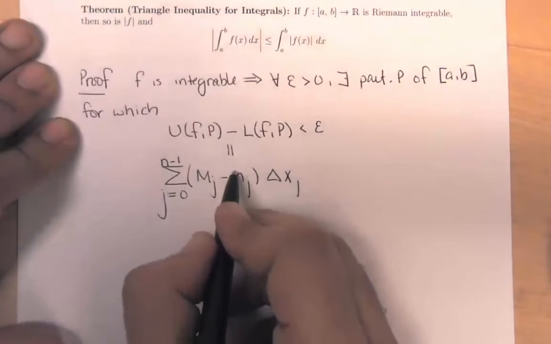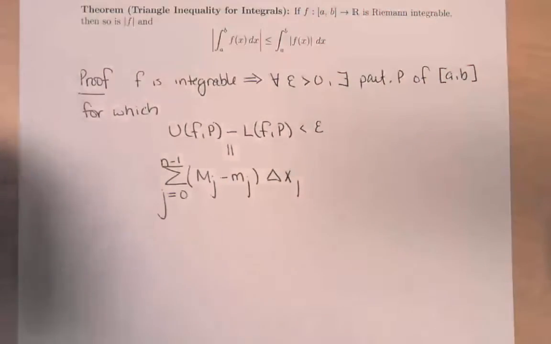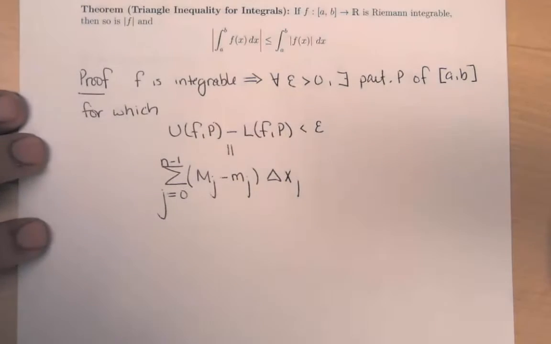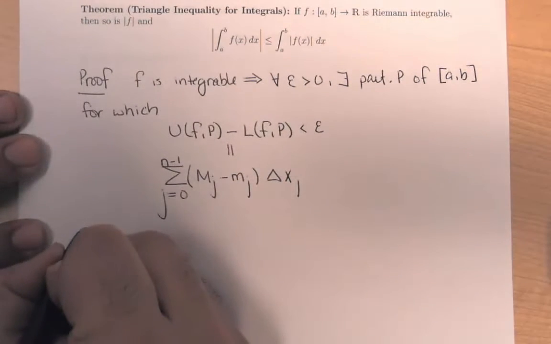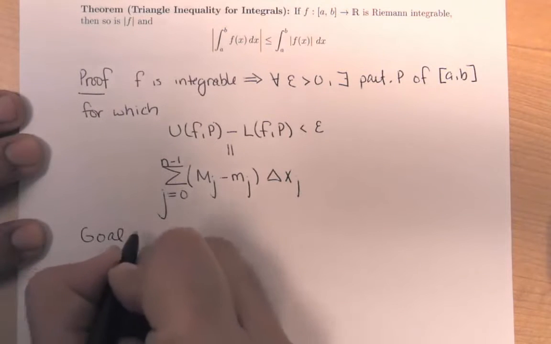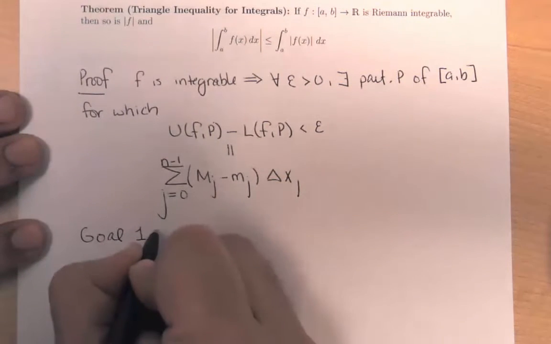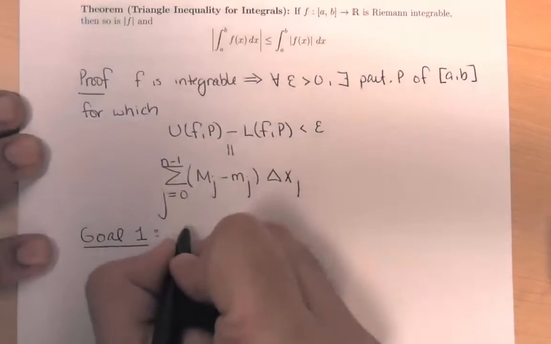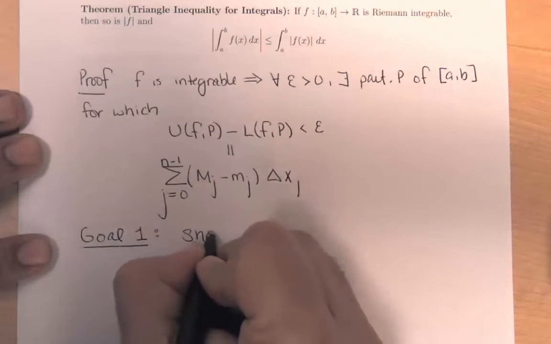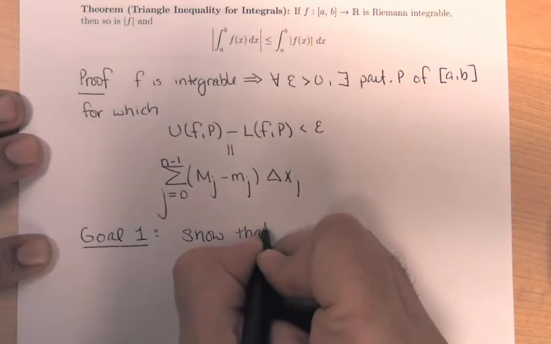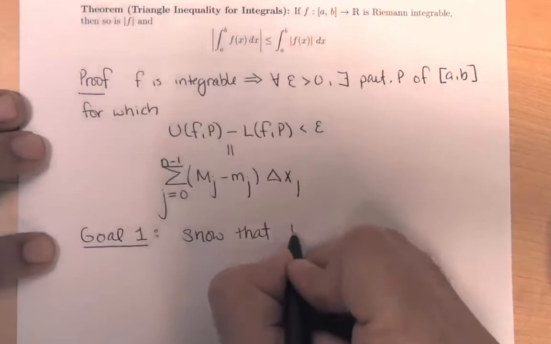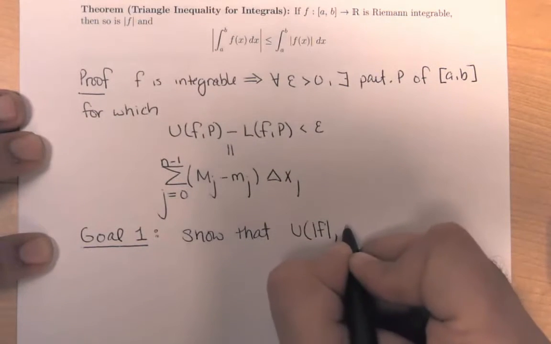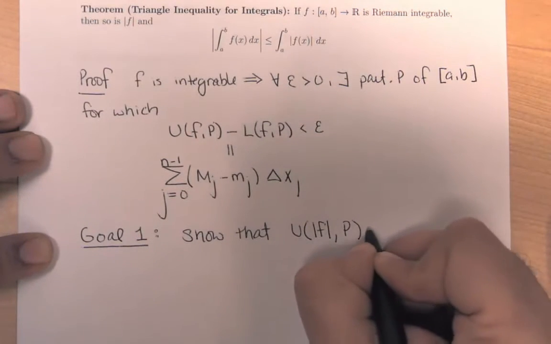Right? So this is equal to this, which is less than epsilon. So our first goal, goal 1: show that for the same epsilon, I get the same result for the absolute value of f.